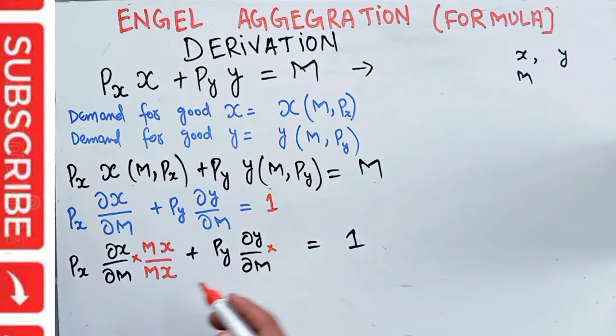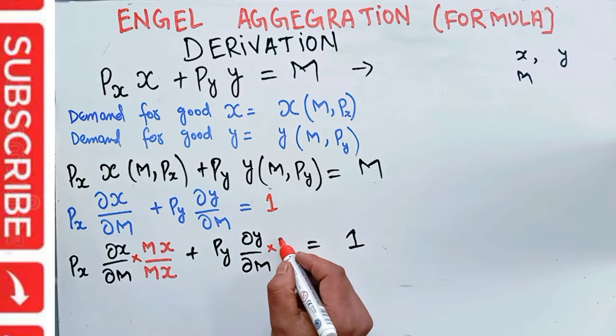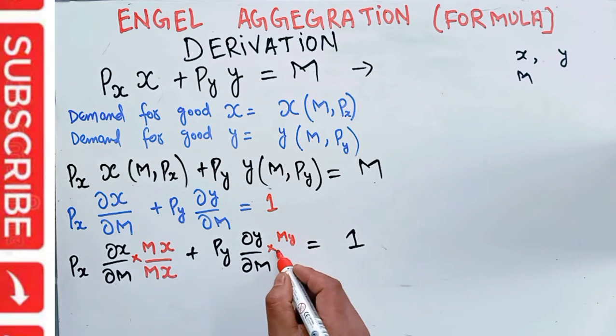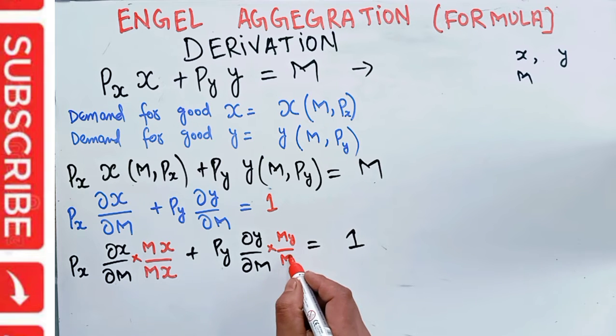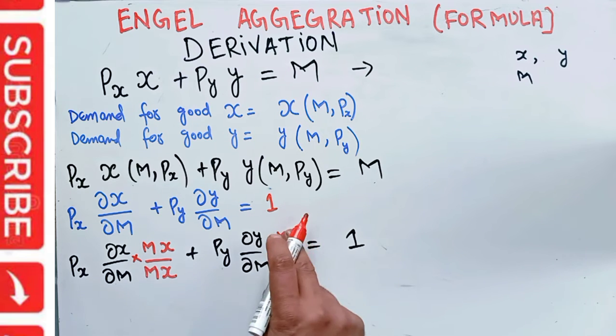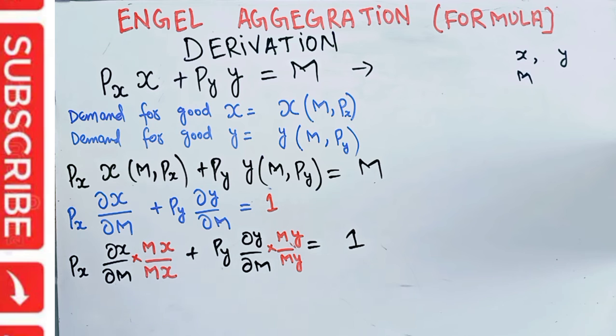Similarly, let us multiply the second term by M upon Y over M upon Y. When I am doing this, let me write the price of X as it is times this X.